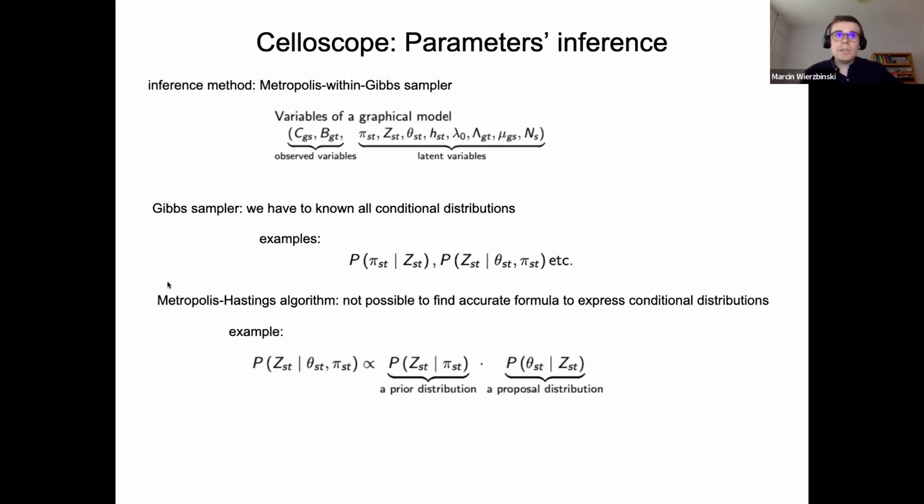Metropolis-Hastings is useful to find the formula to express the conditional distribution when we only have the product of the prior distribution and the proposal distribution, without the normalization constant. These two methods are useful to infer from our model.